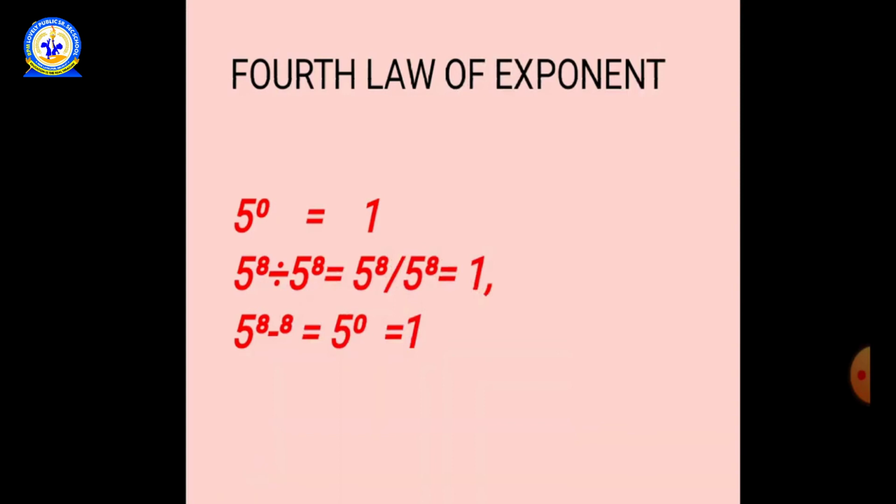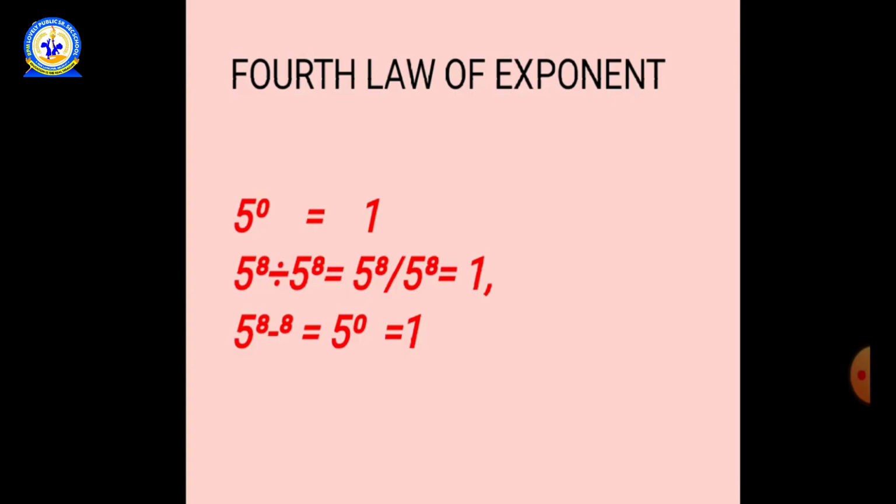Next, fourth law of exponent, that is a raised to the power 0 is equals to 1. But how is it so? Now let us see one example. 5 raised to the power 0 is equals to 1. How? In the second law we have studied that in division, when bases are same, powers will be subtracted, and we can write in fraction form. When I write 5 raised to the power 8 divided by 5 raised to the power 8 in fraction form, that is 5 raised to the power 8 upon 5 raised to the power 8.